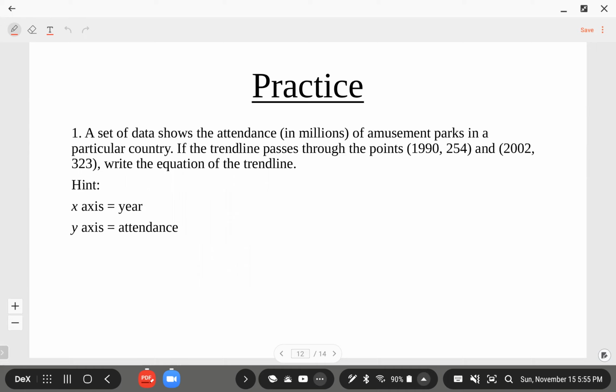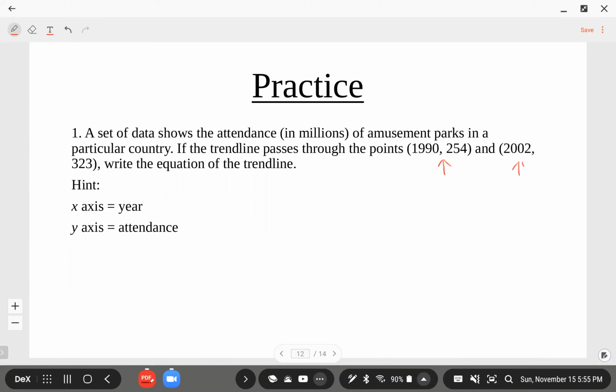If the trend line passes through the points 1990, 254, where 1990 is the year and 254 is the attendance in millions, and 2002, 323, write the equation of the trend line. I'll give you 2 points in this one.